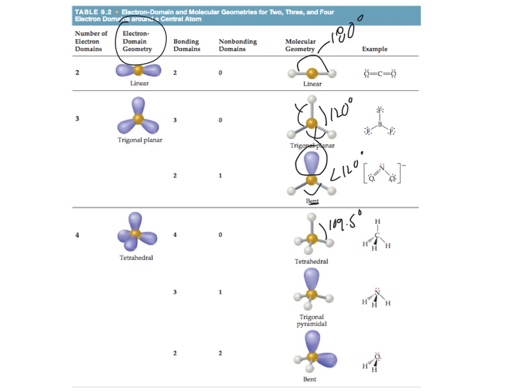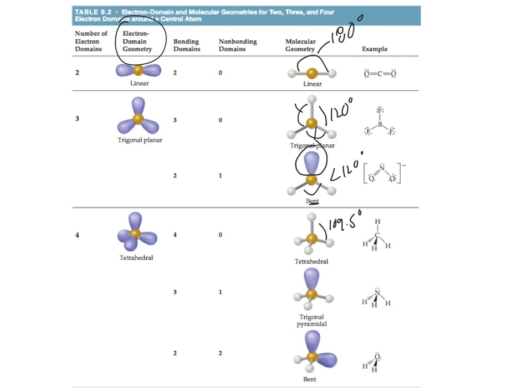Now, if we continue in that same vein and look at NH3, in this situation, we have 1, 2, 3, 4 groups around the central atom, so we have the same number of electron domains as the previous example. However, when we look at our non-bonding domains, we have 1. So we have 3 bonding domains and a single non-bonding domain. That is going to affect the overall molecular geometry, or the actual shape of the molecule.